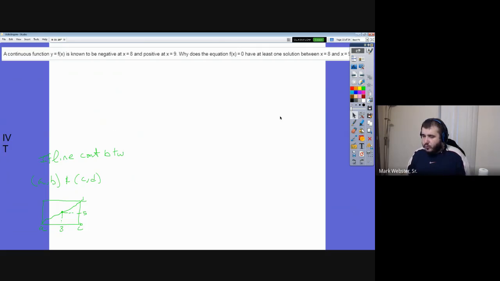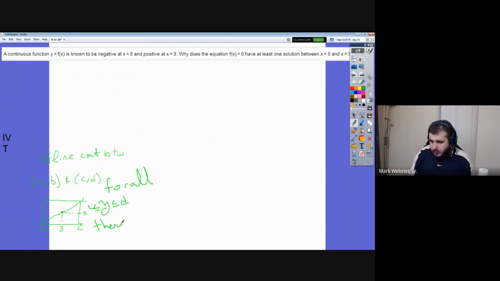So if you know that for basically y between C and D, there's an x value to give it to us.